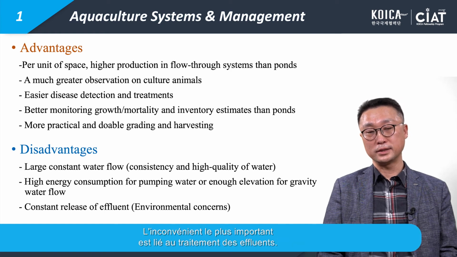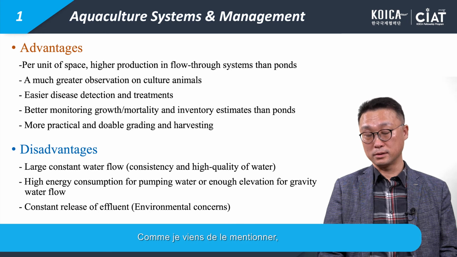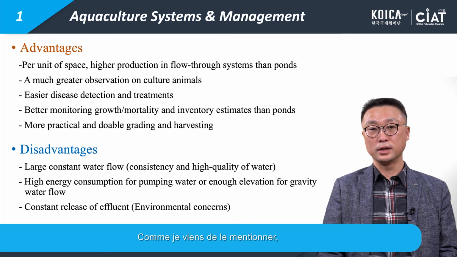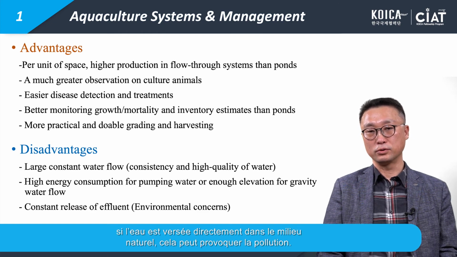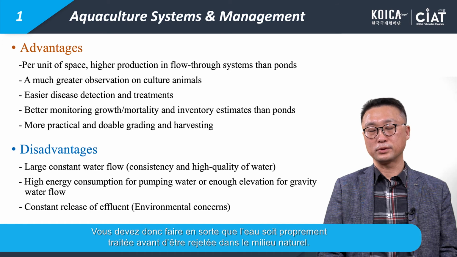However, the most important disadvantage, as I mentioned earlier, is that the water will be discharged into the public water body, and sometimes it causes pollution issues. So you will have to make sure there is a good proportion of waste treatment before discharging the water.